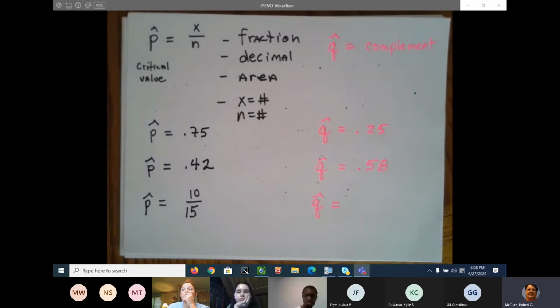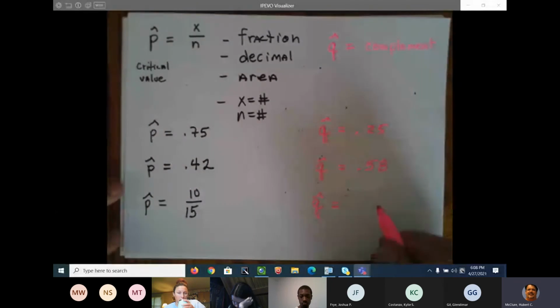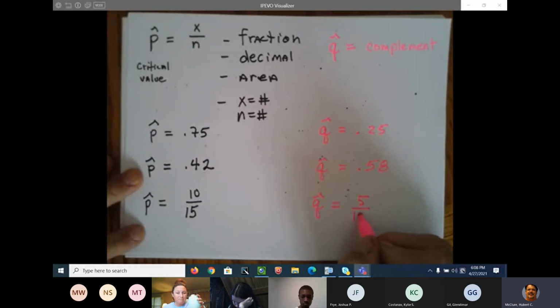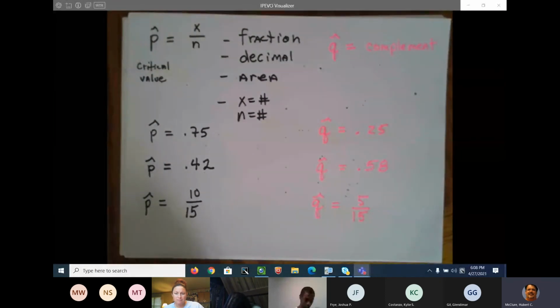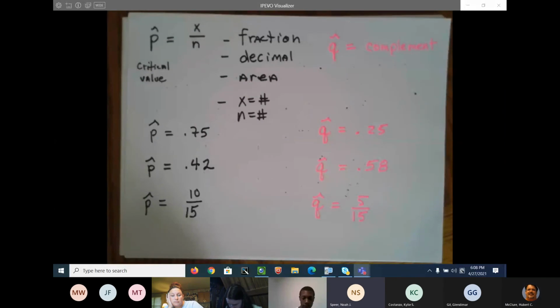How do you get that? It's got to equal the whole. What's 1 with a fraction? What is 1 whole with a fraction?